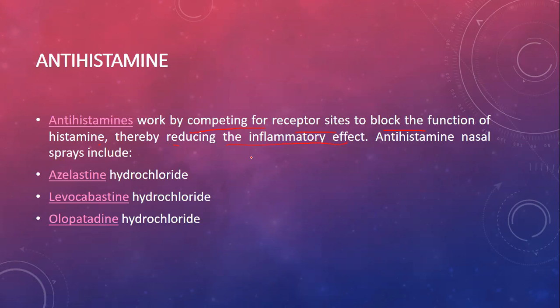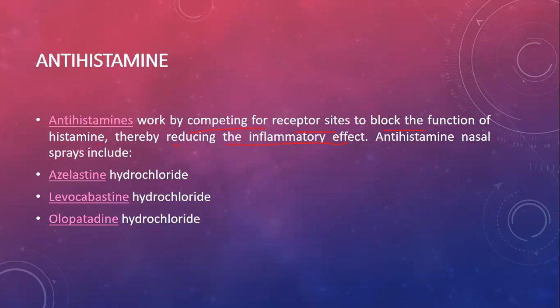So during any infection in the nasal mucosa, to relieve that inflammation you have to provide an antihistamine nasal spray, because histamine is produced as a result of inflammatory mediators, isn't it? So to compete with these inflammatory mediator reactions, antihistamine nasal sprays should be delivered to the nasal cavity so that we can reduce the inflammatory response in the nasal mucosa.